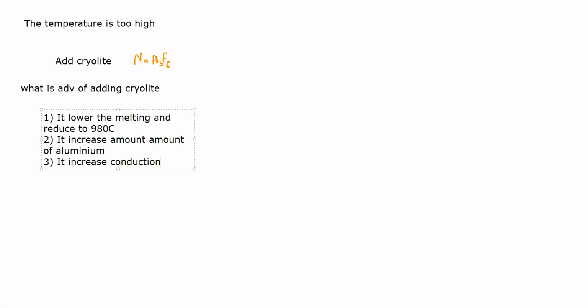So aluminum oxide is dissolved in cryolite before electrolysis, or mixed with cryolite before we carry out electrolysis.